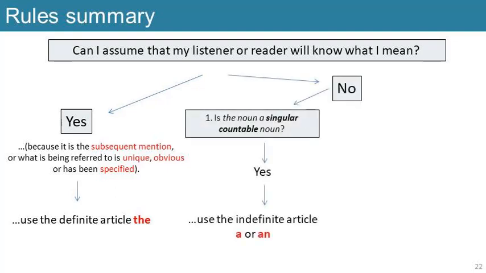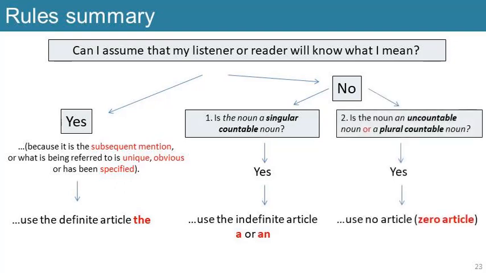If no, I cannot assume that my listener or reader will know who or what I am referring to, then if 1, the noun is a singular countable noun, use the indefinite article a or an. Else if 2, the noun is an uncountable noun or a plural countable noun, then use no article, zero article.